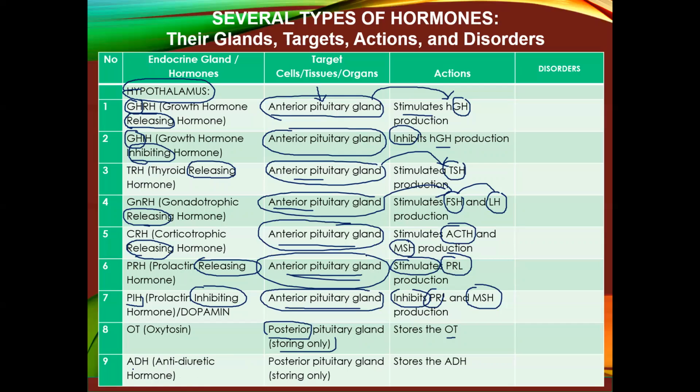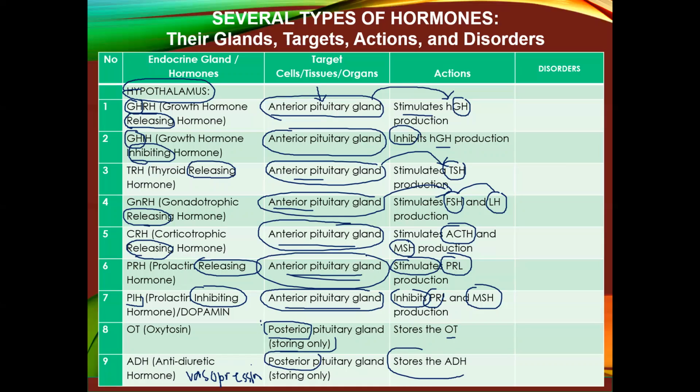And then the last one is called the antidiuretic hormone or vasopressin. That's another name for ADH. And similar to oxytocin, this hormone will be stored in the posterior pituitary gland.